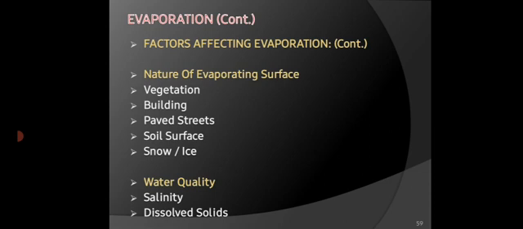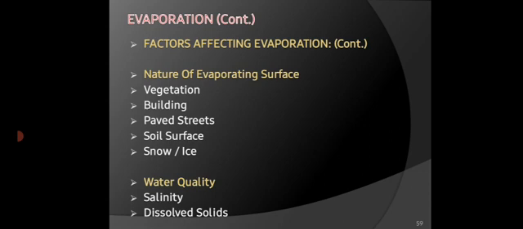Other category of factors are the nature of the evaporating surface, right? If vegetation is there on the surface, evaporation will be less. Buildings, paved streets: evaporation will be less. Soil surface, snow and ice.